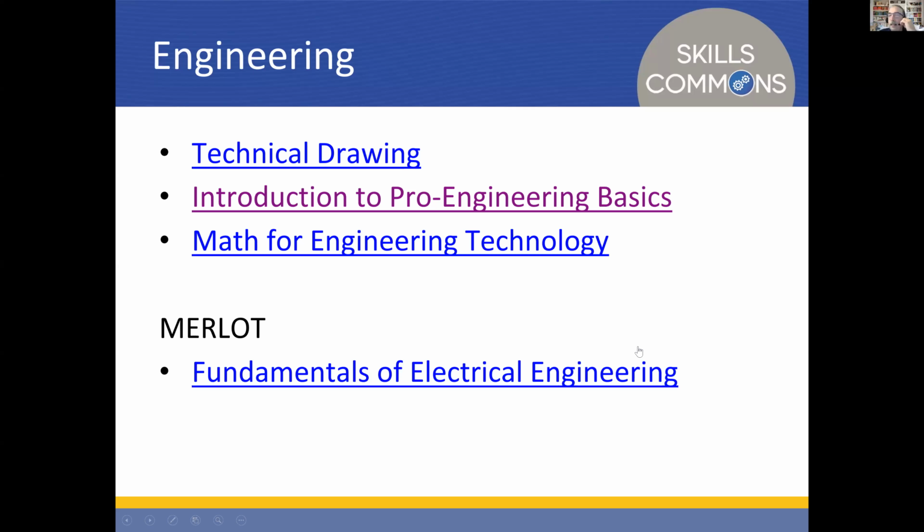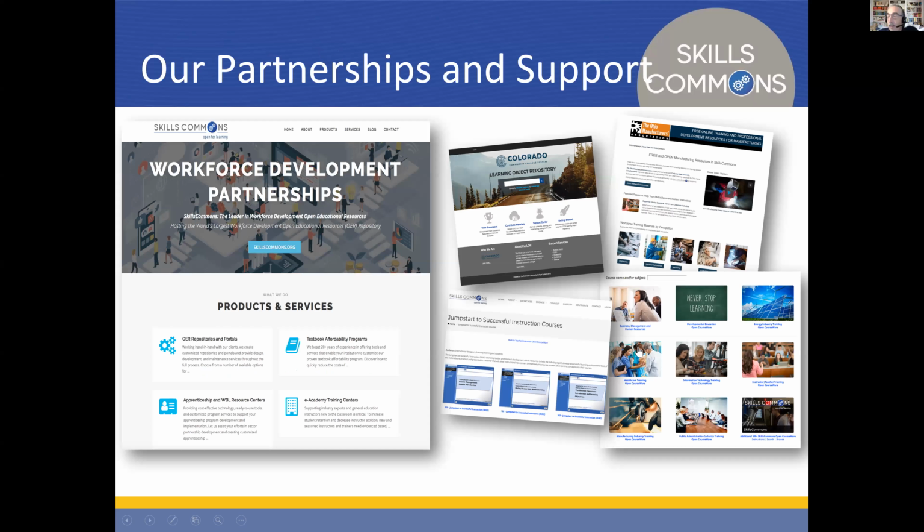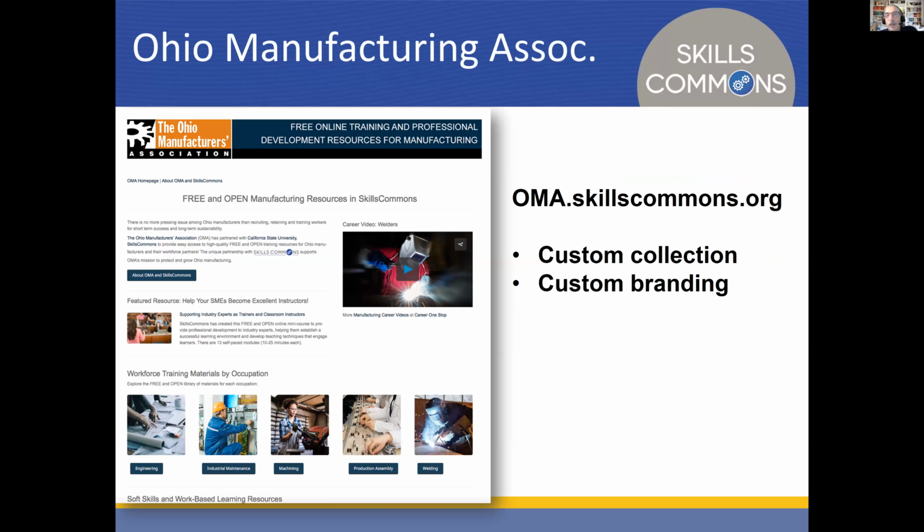All right. So what we're going to highlight here are examples of the different types of services we provide our partners. And one of them we've already talked about is we can provide that repository service. We also create curated collections.